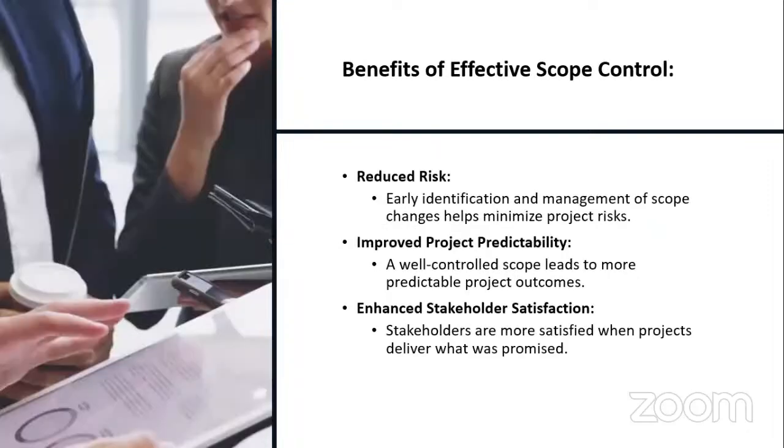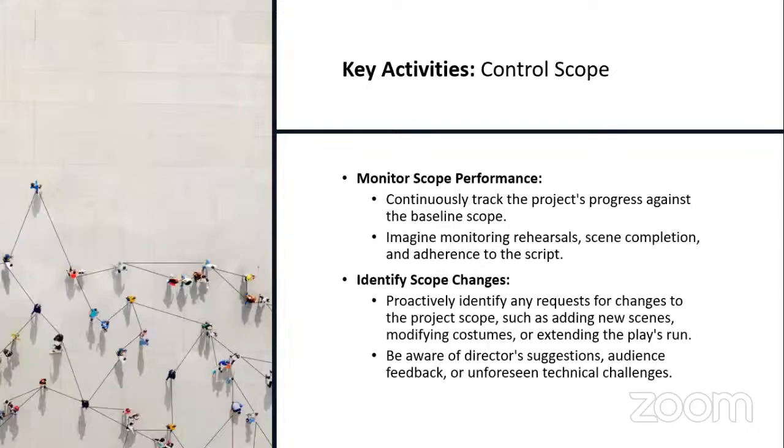The benefit of scope control is reduced risk and improved project predictability. So if the project is going this way or that way, you should be able to know. Since scope creep is already taken care of, you can predict when the project can finish, the possible outcomes expected, the possible budget it will take, and all of that. You also have enhanced stakeholder satisfaction, delivering as promised.